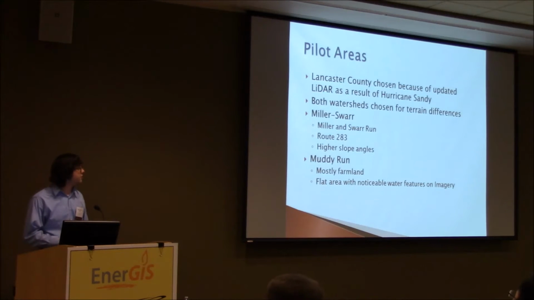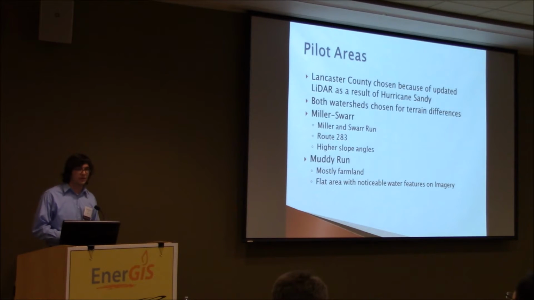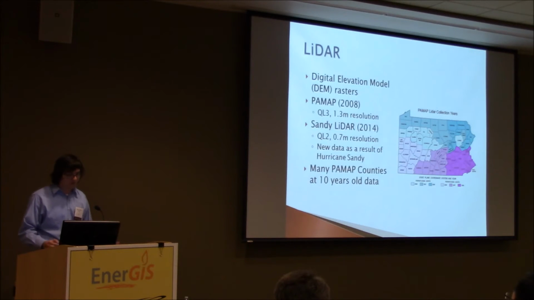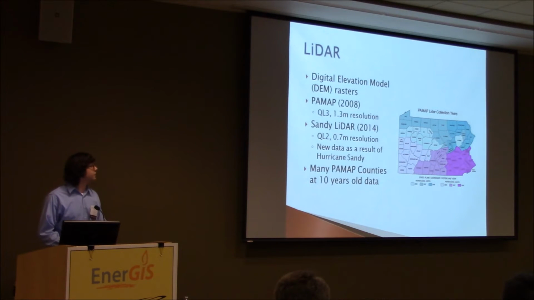And we chose the watersheds because of the different terrains. So Muddy Run's more farmland, and Miller Swar provided a bigger challenge because of sloped areas, and Route 283 could impact the DEM processing. So the LiDAR digital elevation model we downloaded from PASDA.